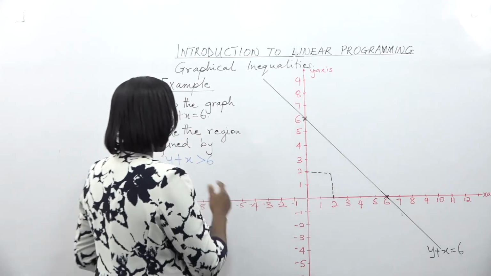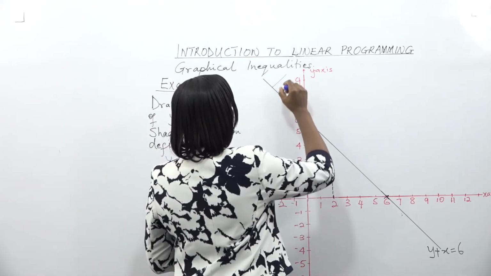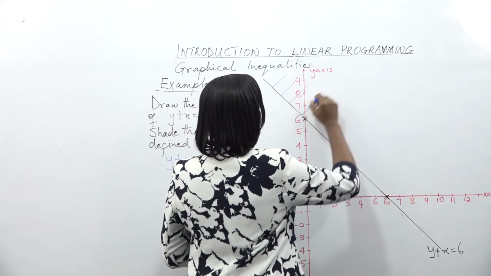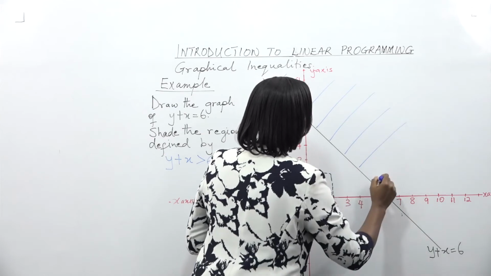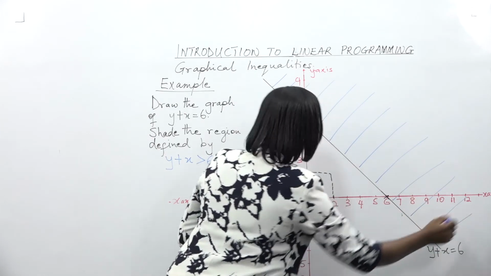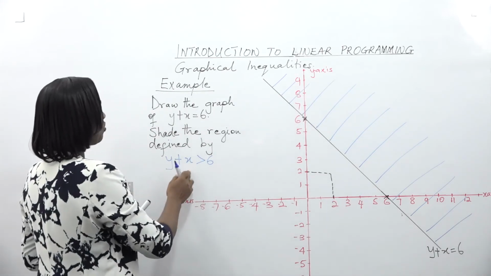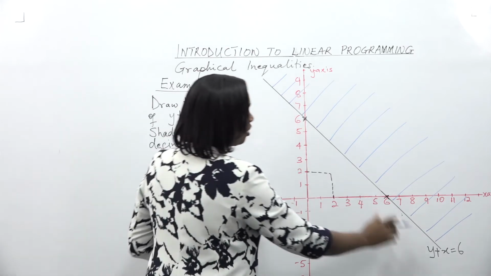So the region where x plus y is greater than 6 is the region above the line. However, x plus y is strictly greater than 6, so the line should not be a solid line.